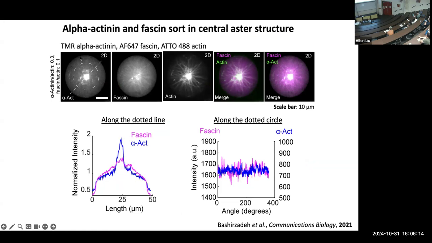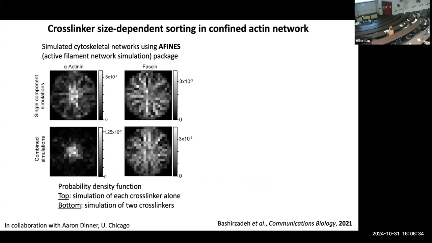If you do a radial line scan with labeled fascin, you see little spikes of fascin that show up because the fascin is the bundle that radiates out of the center. The alpha-actinin is in the middle, and actin is everywhere. So you have this self-assembly process of two actin-binding proteins along with actin.